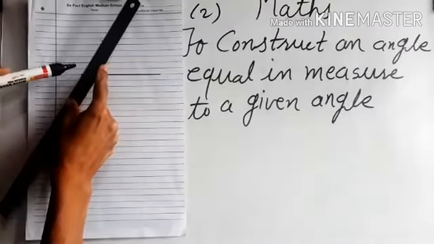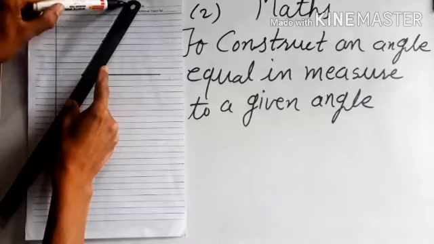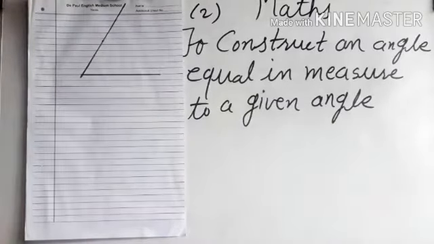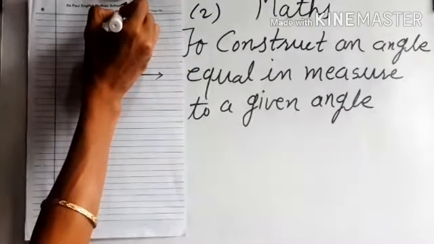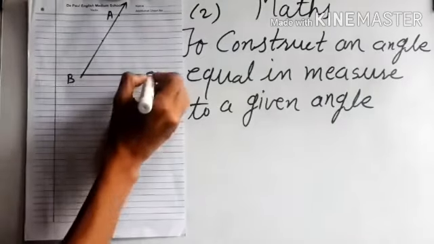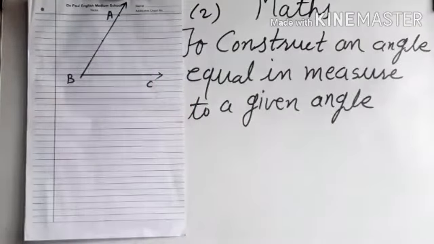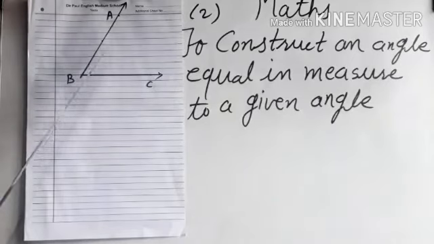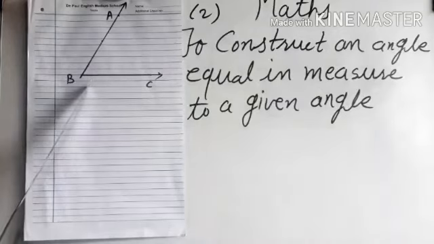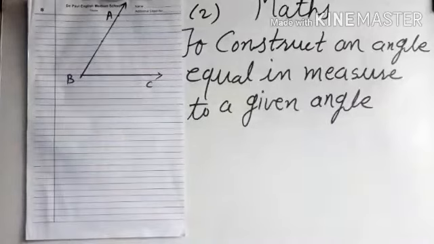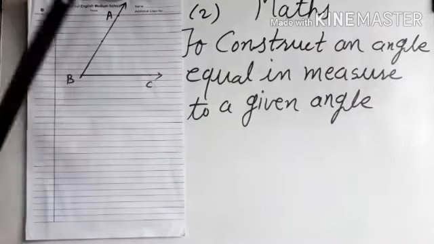So this is an angle. Now this angle will be given to you in the exam, angle ABC. Now you have to construct one more angle which will be equal in measure to the given angle. You have to construct the same angle, one more angle having the same measure.